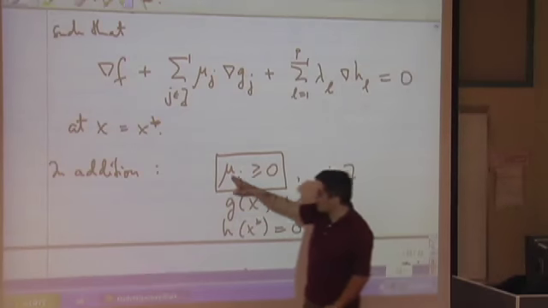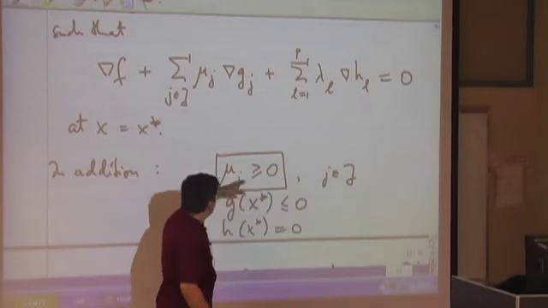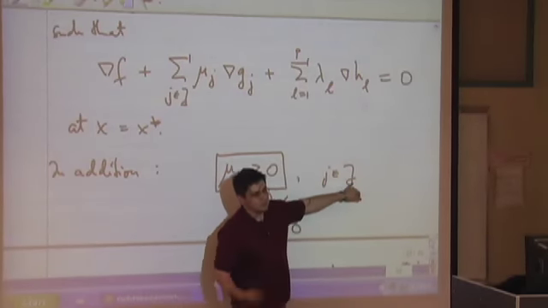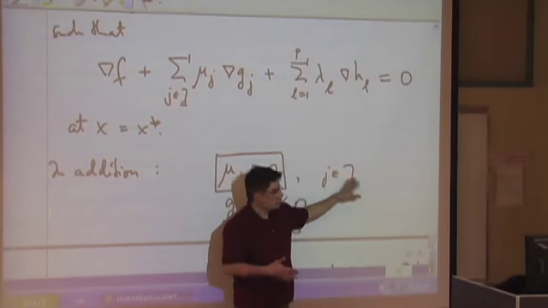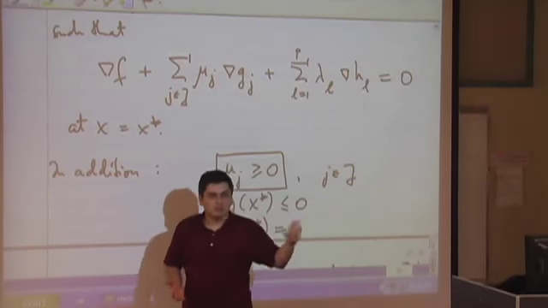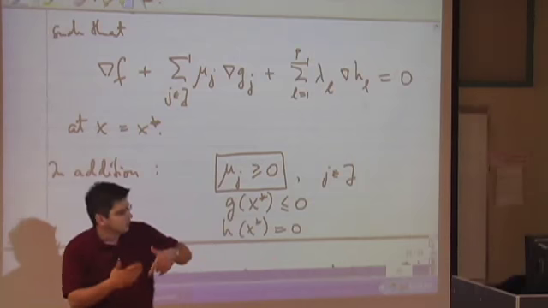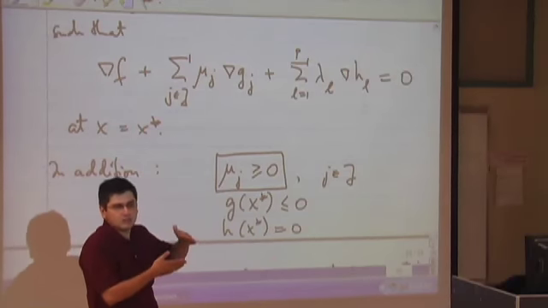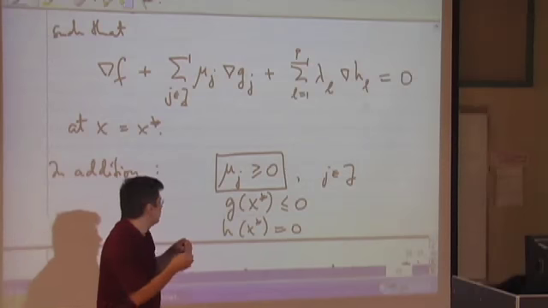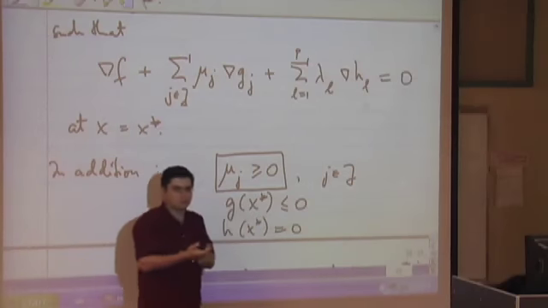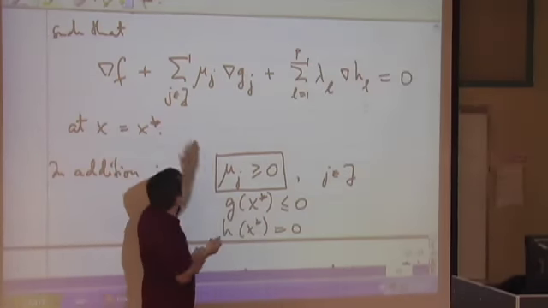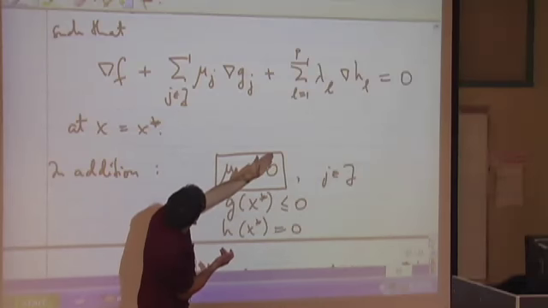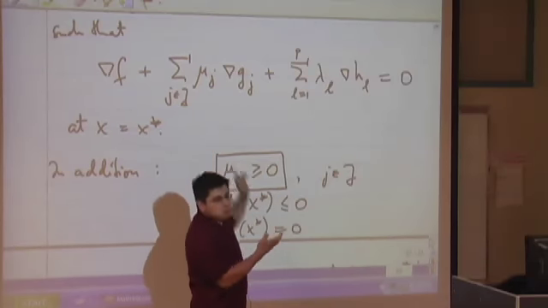Okay? And now the last thing, which made the name of KKT, is in addition to this, for the complementary indices. We don't know what J is, right? But for the non-binding constraints, we introduce mu to be 0. So in other words, we're going to have this equality, but some of the mu's are 0.